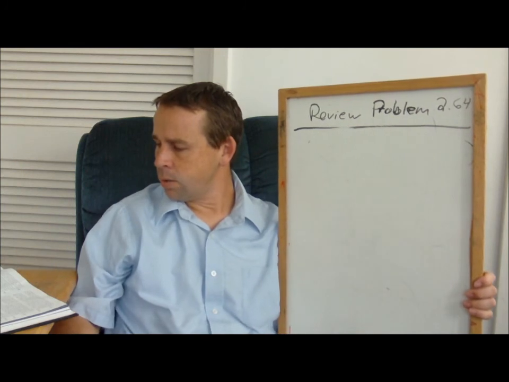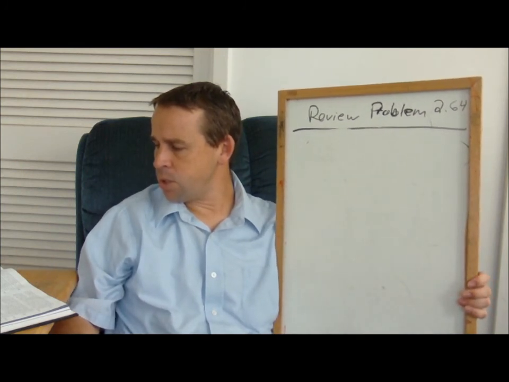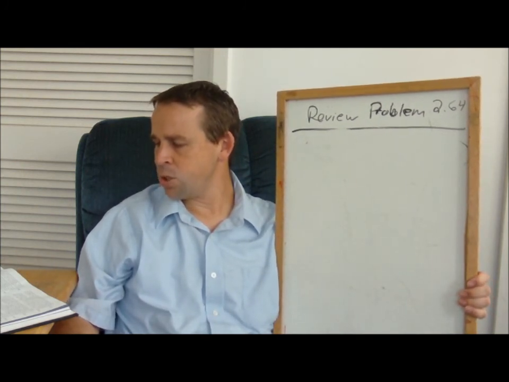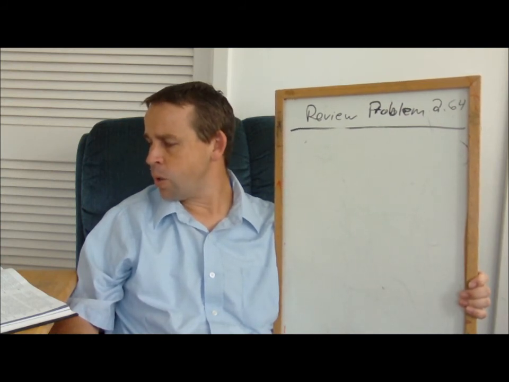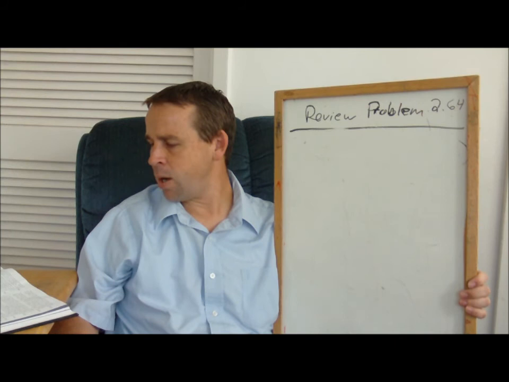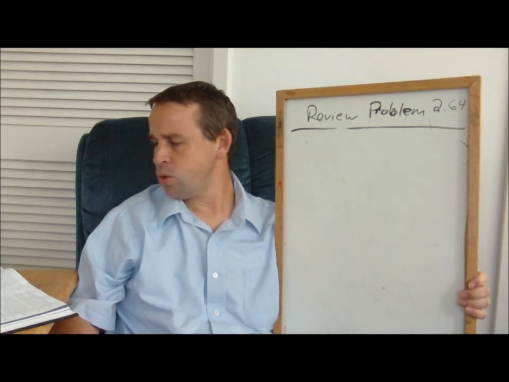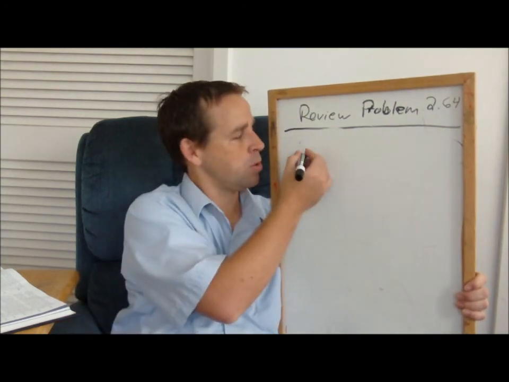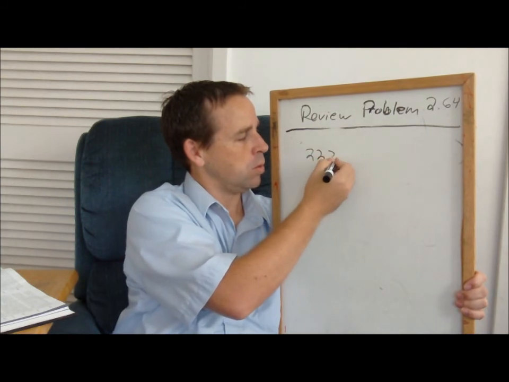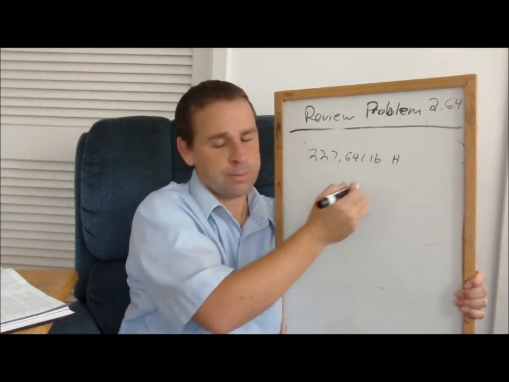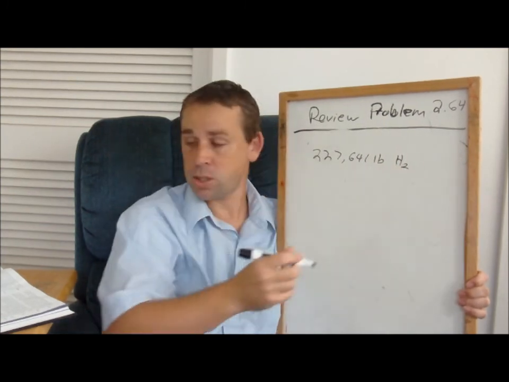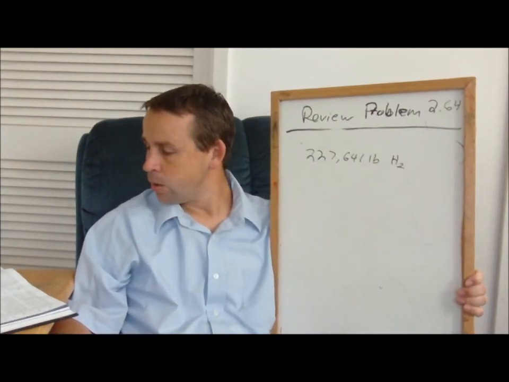All right, the space shuttle uses liquid hydrogen in its fuel. The external fuel tank used during takeoff carries 227,641 pounds of hydrogen, and that's hydrogen gas, H2, right?